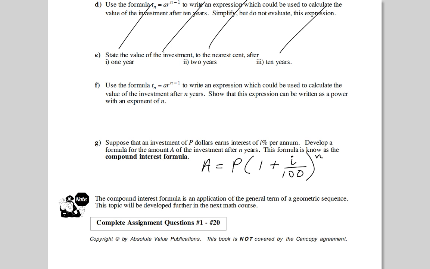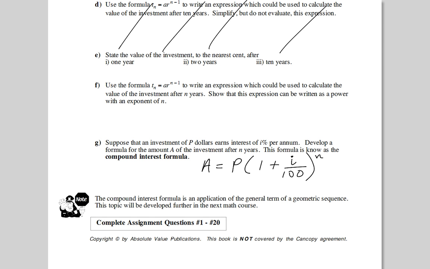It's a little bit different in real life, but for this course, this is all you need to know. And I would just memorize this compound interest formula. Okay? So the compound interest formula, which they call A, maybe for accrued amount, or maybe it's amount, I'm not sure why they use A. But P is your principal, that's your starting amount. And you're going to multiply it by a factor that's always going to be 1 plus.